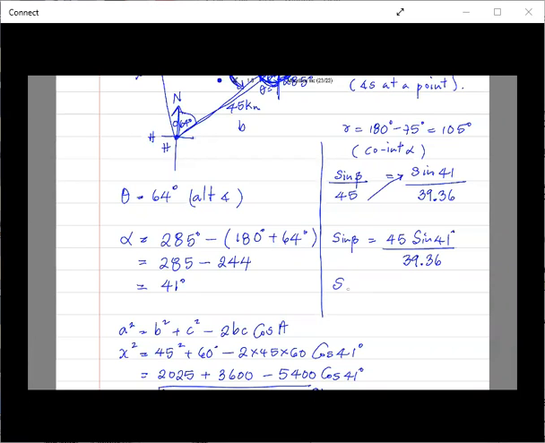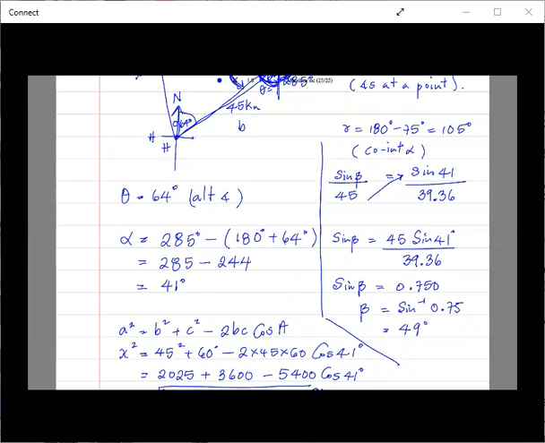So sine beta is equal to 0.750. Beta is equal to sine inverse 0.75, so it's shift sine 0.75, and this is 49 degrees.